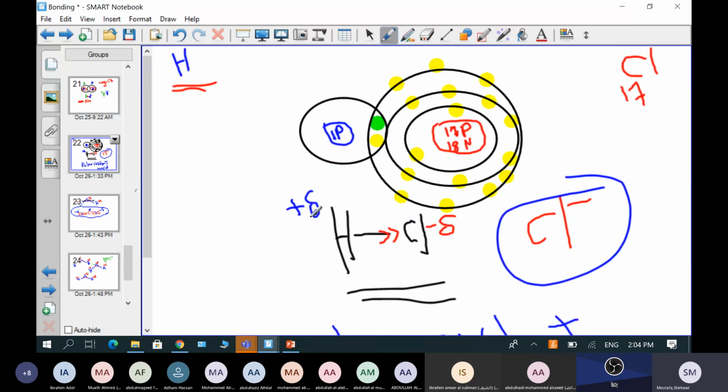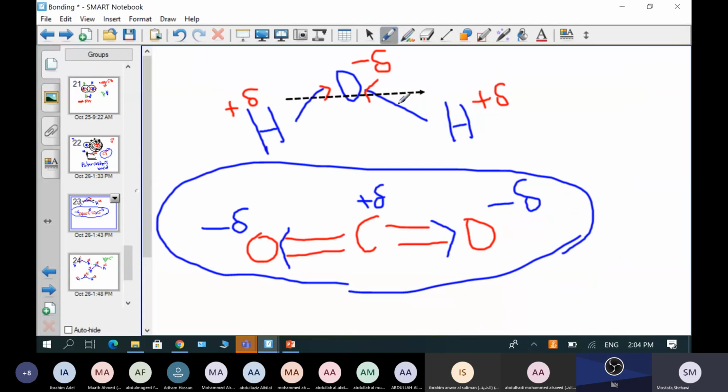If we come here, the hydrogen chloride compound, chlorine has greater attraction force to the electron of the covalent bond than hydrogen. So chlorine will have a partial negative charge and hydrogen will have a partial positive charge. This bond is called a polar covalent bond. The whole compound, because it consists of only 2 atoms, is a polar compound.